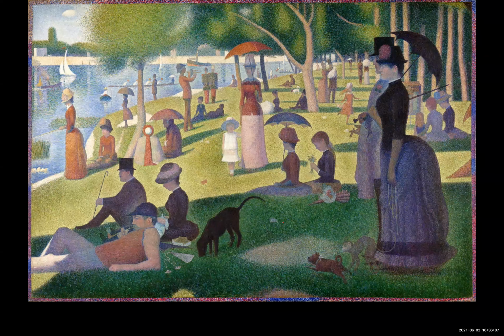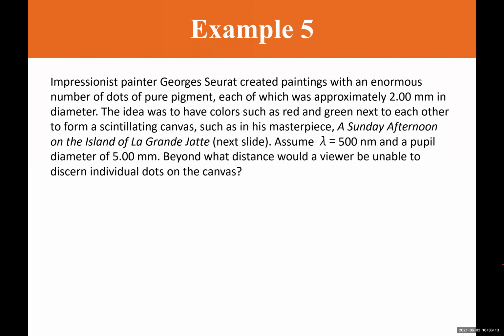What we want to do here is calculate the distance. Since we're talking about the wavelength and we're given a diameter, d is equal to 5.00 millimeters, which is 5.00 times 10 to the negative 3 meters.